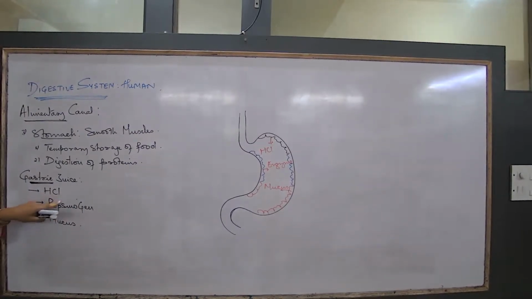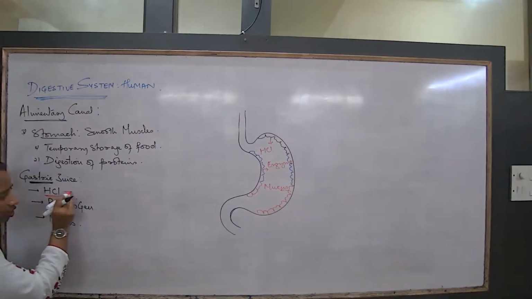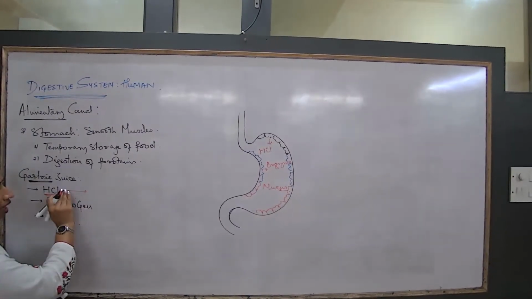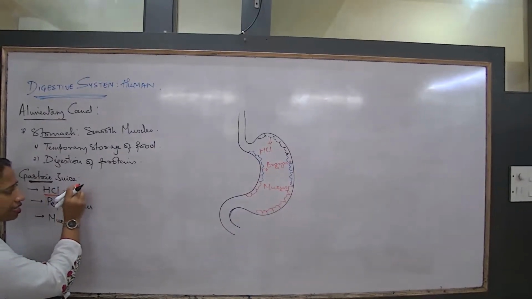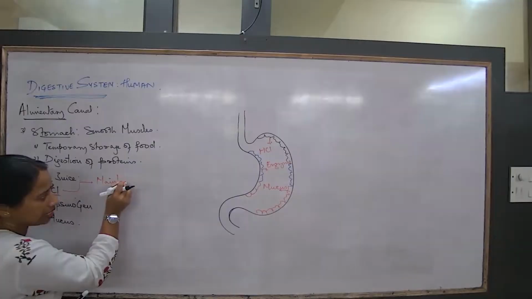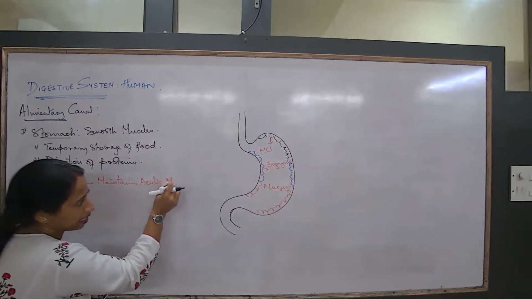Now talking about the role of the hydrochloric acid, what is the job of the hydrochloric acid? Let us try finding out. The job of the hydrochloric acid is that it maintains an acidic medium. Why?